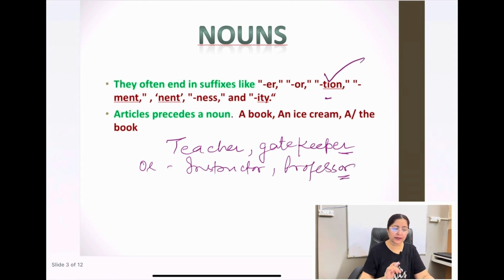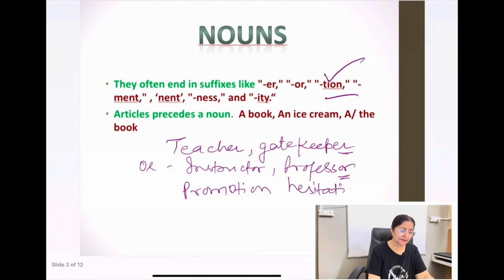Similarly, we have the suffix tion. So it is promotion, hesitation and so on. With ment, you can make use of government, displacement and so on.